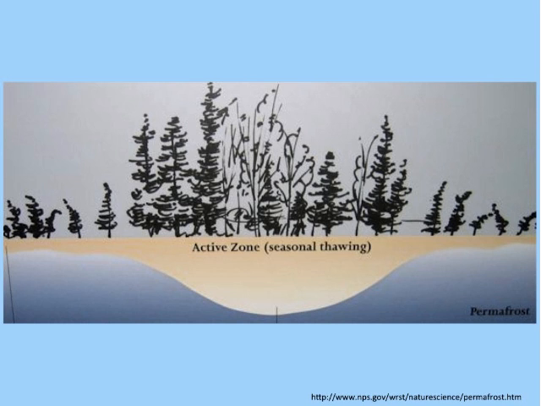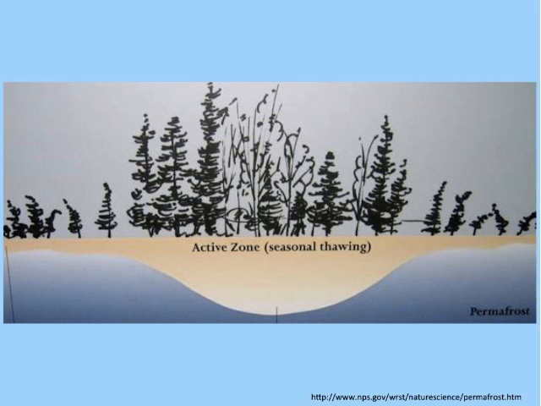As more of this active zone thaws due to increased temperature, you end up with more melting, obviously more melting of permafrost, but also more access to carbon by microbes, which increases their amount of CO2 emissions, which increases the temperature in the atmosphere, which causes more active zone thawing.